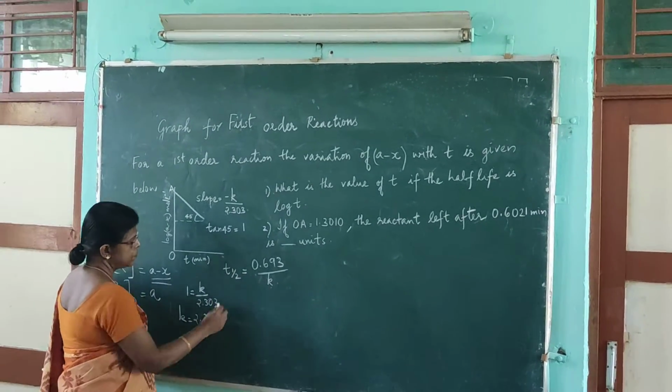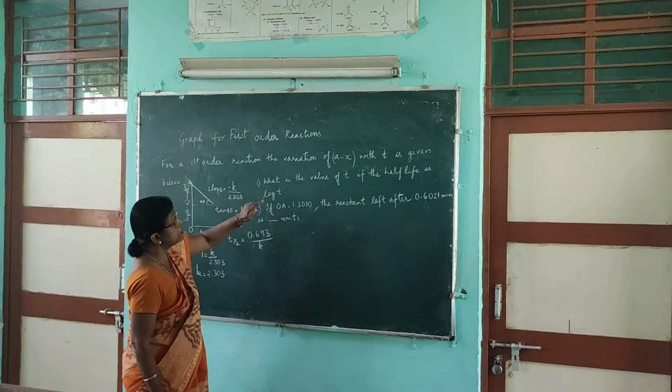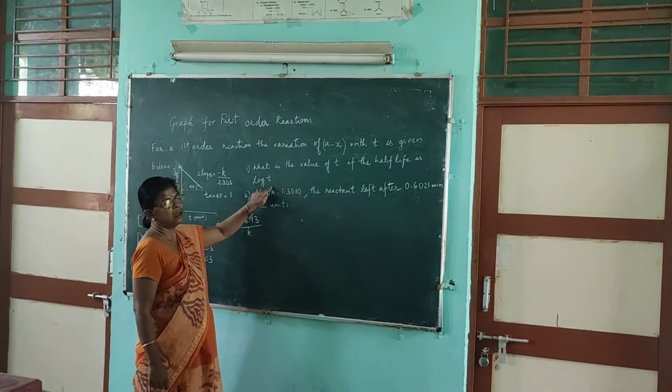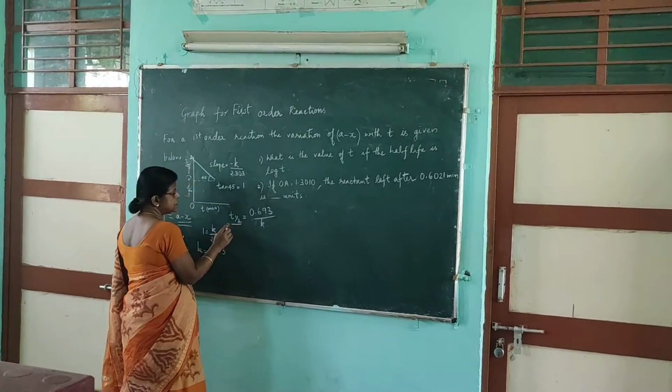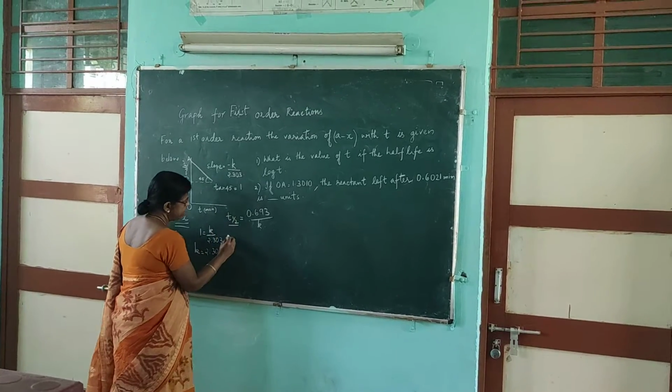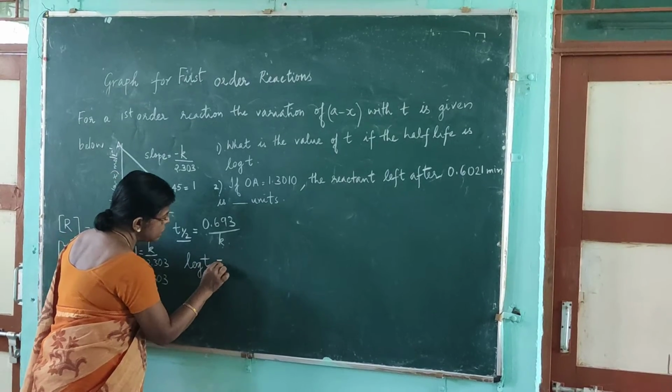Substitute it here. Now the question gives that the half-life is log T. So T half is log T. Now what is this log T?